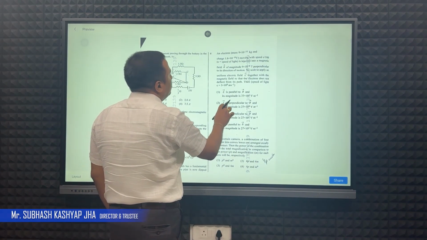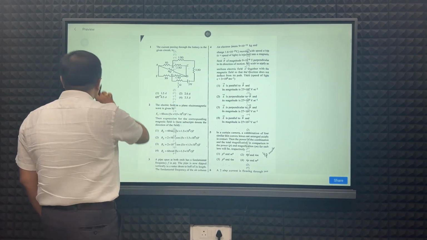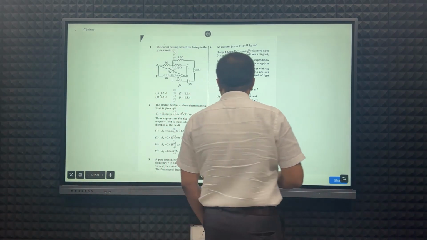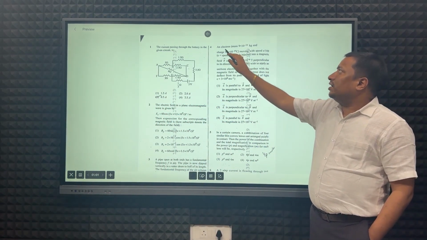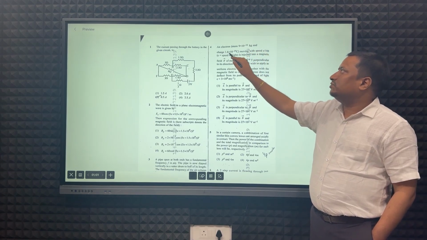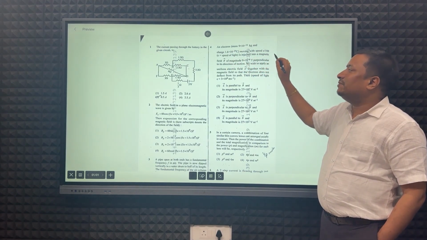Question number 4 is, again, magnetism, electric field, everything involved. What is the question? An electron of mass 9.1 into 10 raised to power minus 31 kg and charge 1.6 into 10 raised to power minus 19 coulomb moving with a speed c by 100.